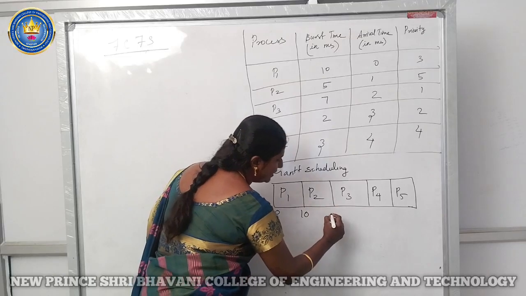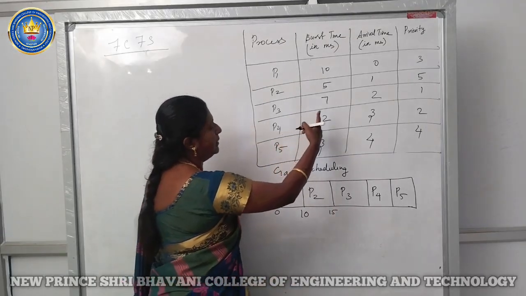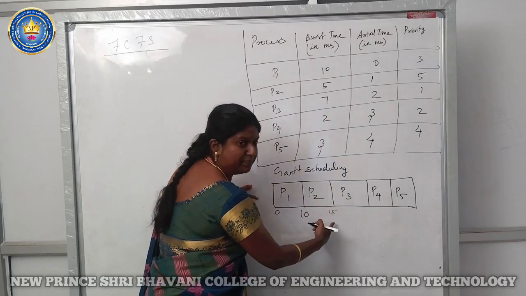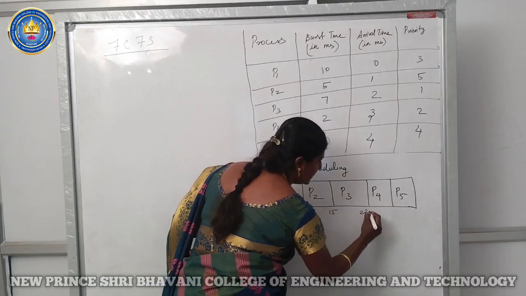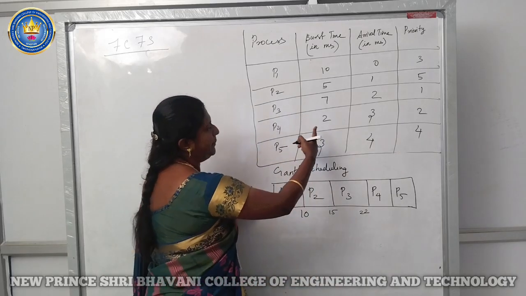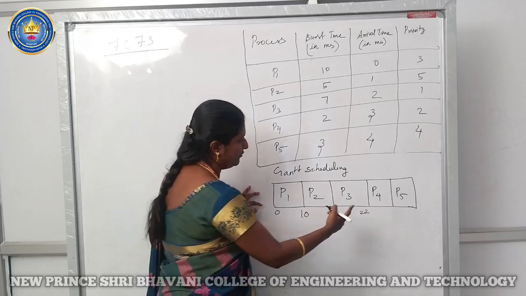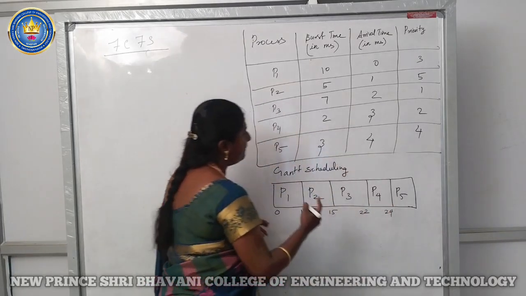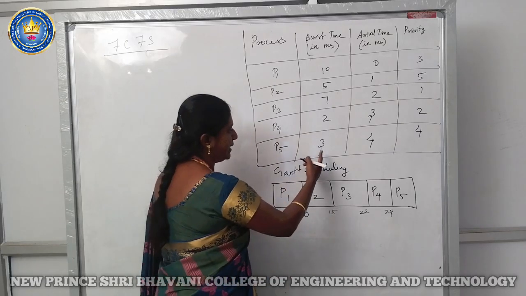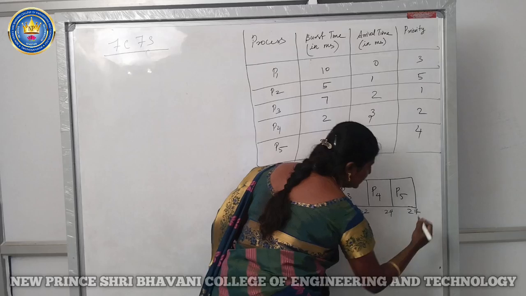So P2 will finish at the 15th millisecond, and P3's burst time is 7. So 15 plus 7, it will finish at 22 milliseconds. P4's burst time is 2, so it finishes at the 24th millisecond. P5's burst time is 3, so it finishes at the 27th millisecond.